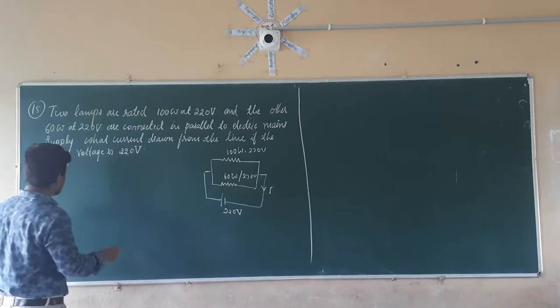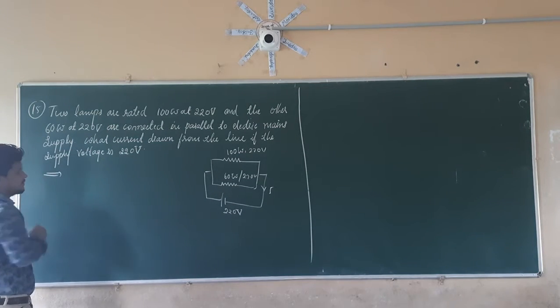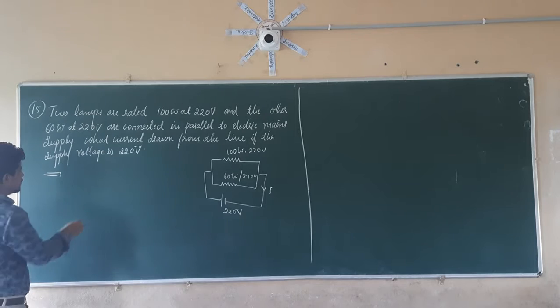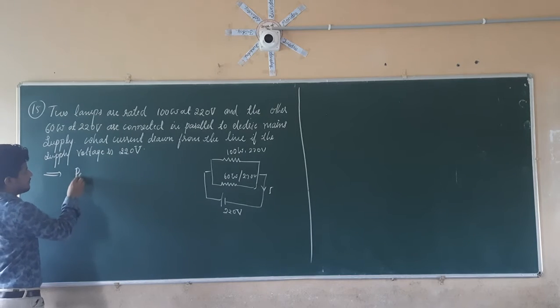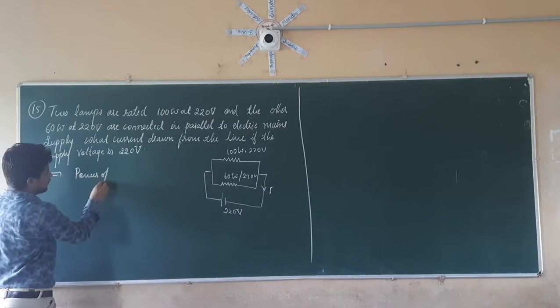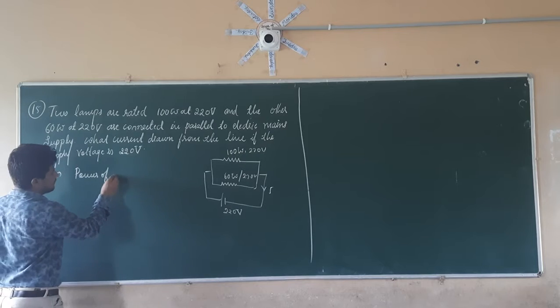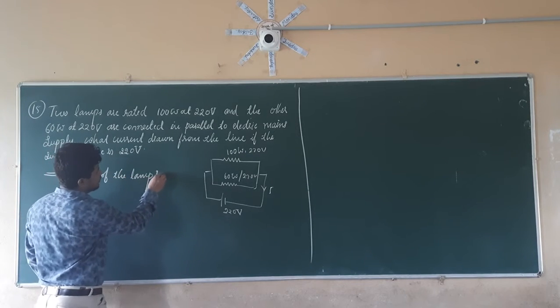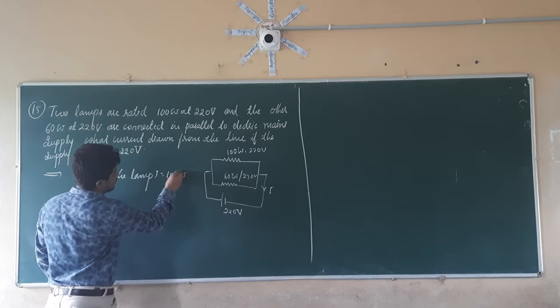For that we must write down the given data. Two lamps are rated 100 watt and 220 volt, and 60 watt and 220 volt. The power of the first lamp, let it be lamp 1, is equal to 100 watt.